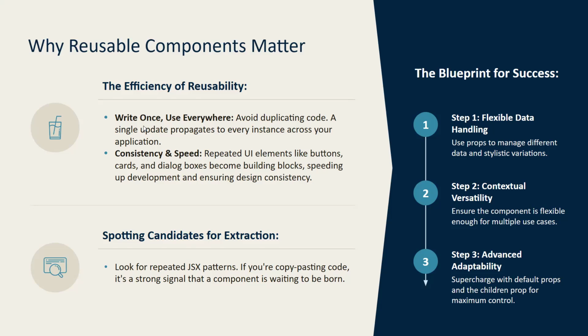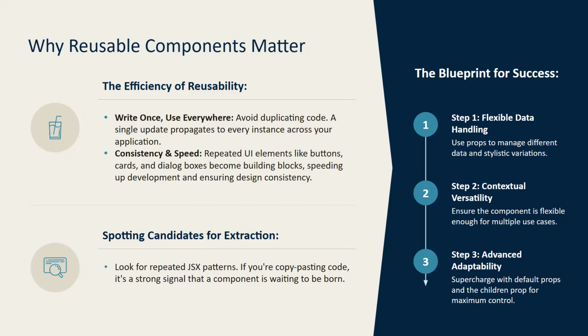A good sign that something should become a reusable component is when you start to notice repeated JSX patterns. If you're copy pasting code, this is a strong signal that a reusable component is just waiting to be born. And the way that we usually get there is in stages.